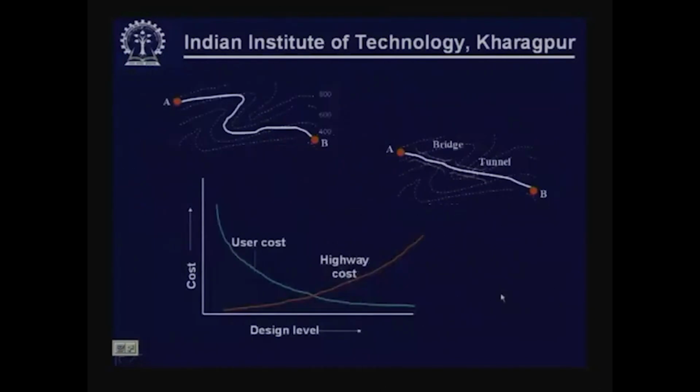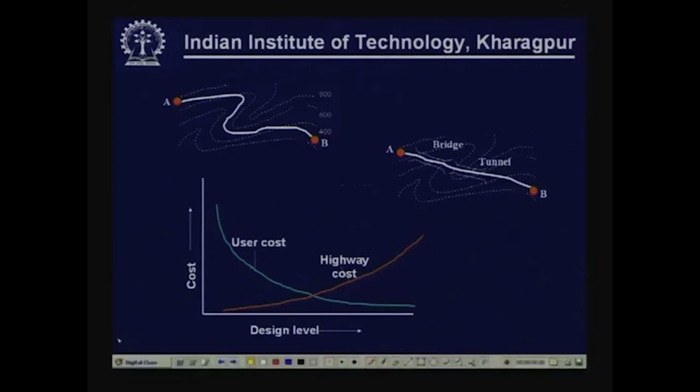Now, whatever I have discussed just now, I am trying to explain that thing once again. Let us consider that point A and point B are to be connected. These are the contour lines you can see. So, in this case, we have taken that alignment following the general contour line.